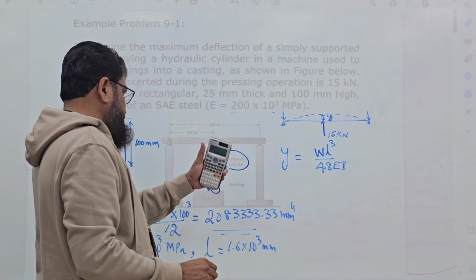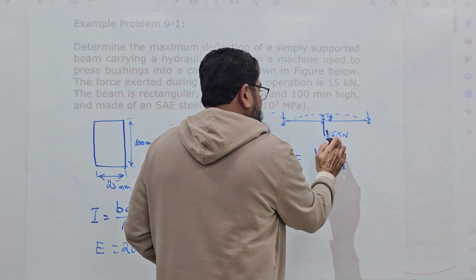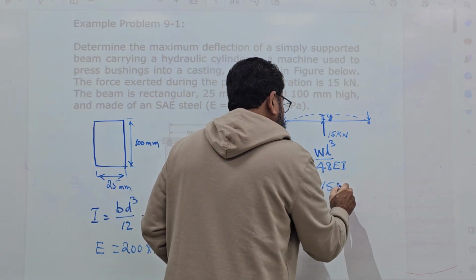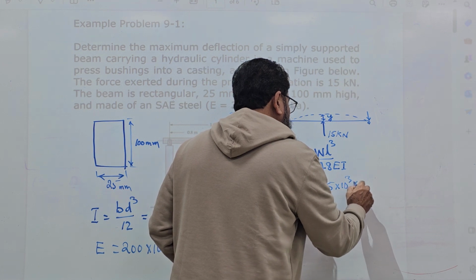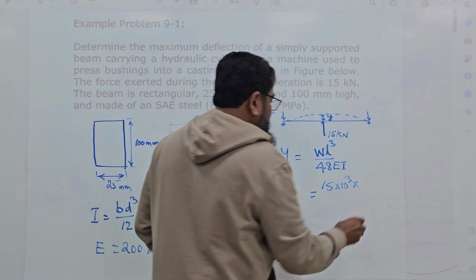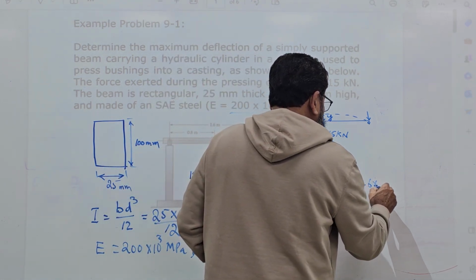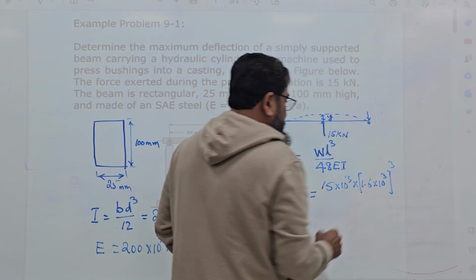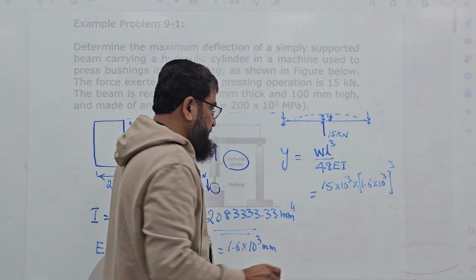Now let us take this and substitute over here. Again, for kilonewton, please make it into Newton. 15 into 10 cube multiplied by L, which is 1.6 into 10 cube, this whole cube. Please be careful. Don't put 6 here.